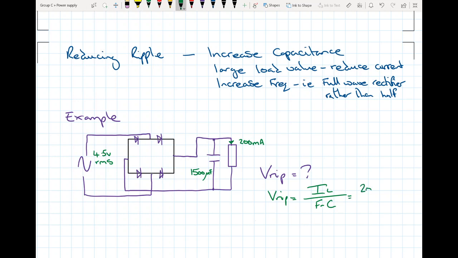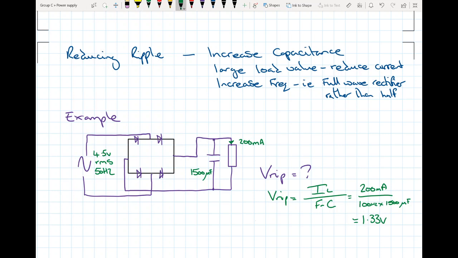So 200 milliamps divided by, oh, I should have said it's 50 hertz there. Because we've gone for a full wave rectifier, we're now at 100 hertz times by our 1500 microfarads. This is a ripple voltage of 1.33 volts.